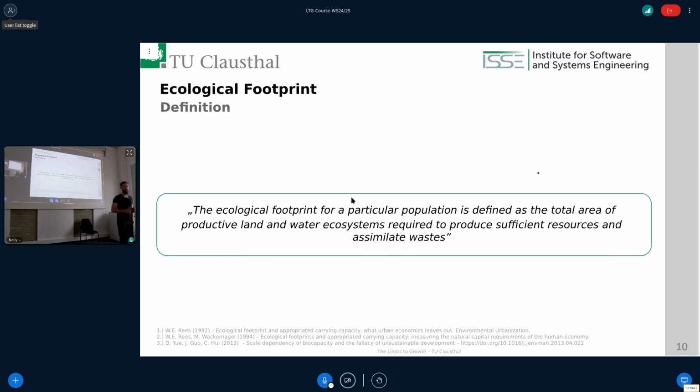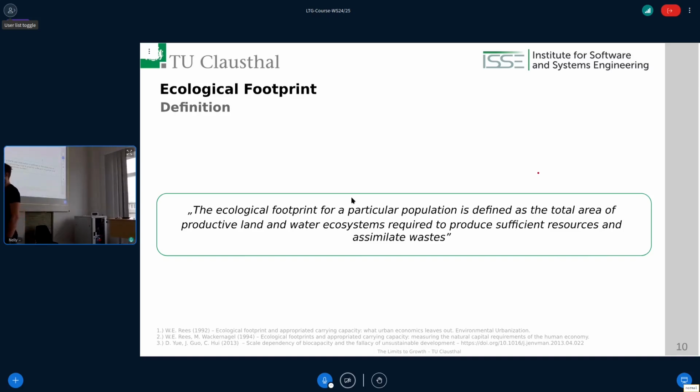And the actual damage that you do, the actual resource consumption that you cause, is then your footprint. So you have a theoretical limit given by the biocapacity, and then you have your actual footprint on the planet that you leave.